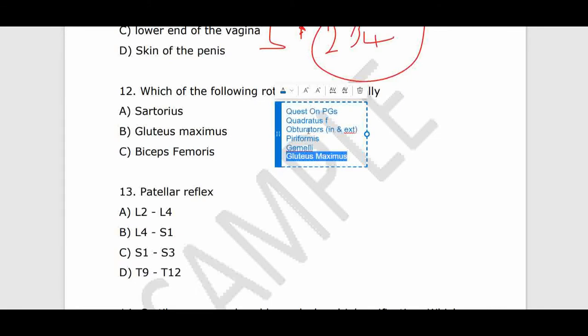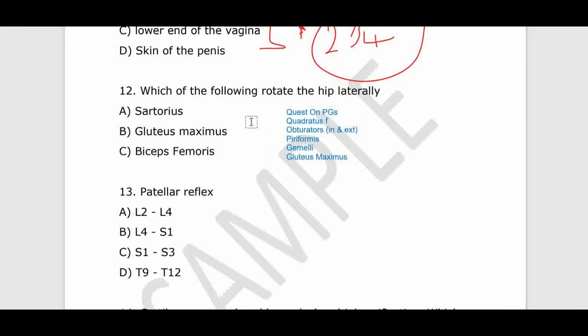Some insert in the trochanteric fossa, but still at the root of the greater trochanter, and that's important to remember. So the lateral rotator here is gluteus maximus. Even if you didn't know gluteus maximus, from the other options you will be able to tell that by elimination.